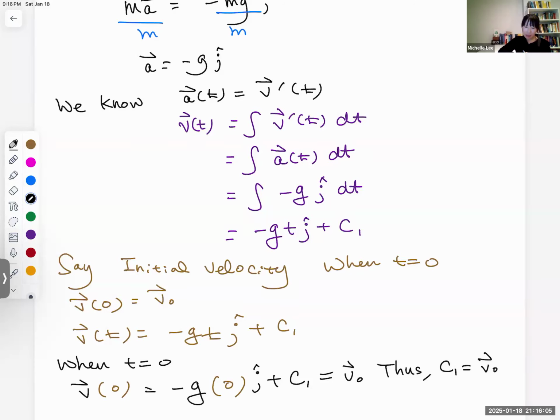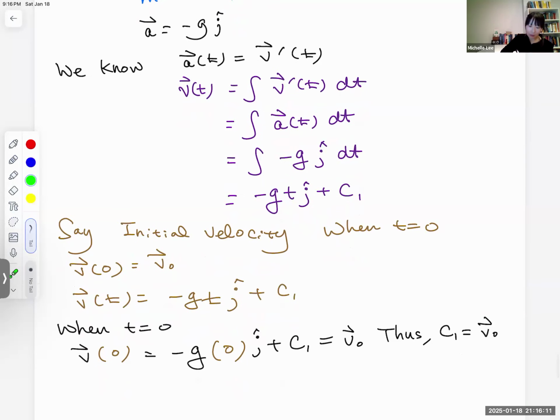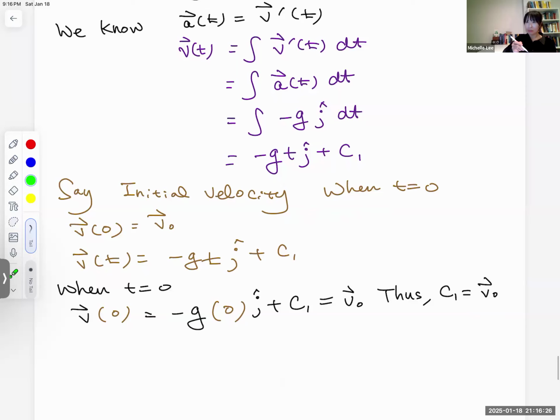Okay, then going back again, we have v of t equal to that, and then c sub 1. What is c sub 1? It's v sub 0. Make sense? Okay, so let me write down.